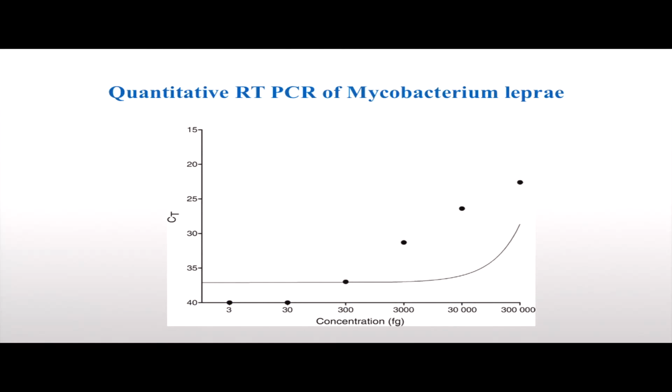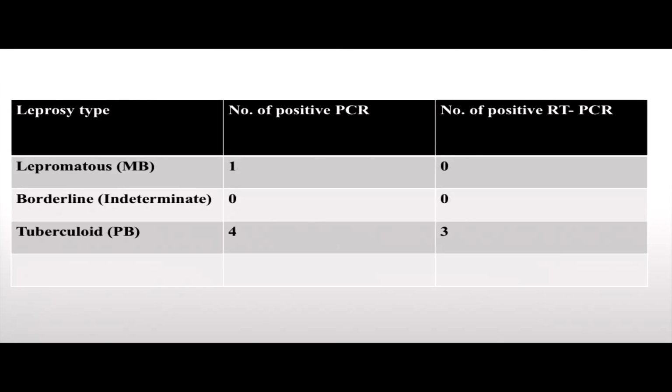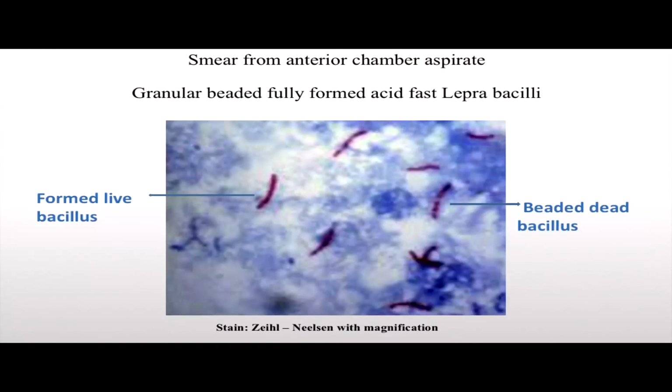This is a quantitative real-time PCR of Mycobacterium leprae, which was done by the microbiologist. Of the 12 patients studied, PCR was positive in 1 lepromatous and 4 tuberculoid, and the real-time PCR conducted on the same 5 samples was found to be positive in the tuberculoid type or the paucibacillary type alone.